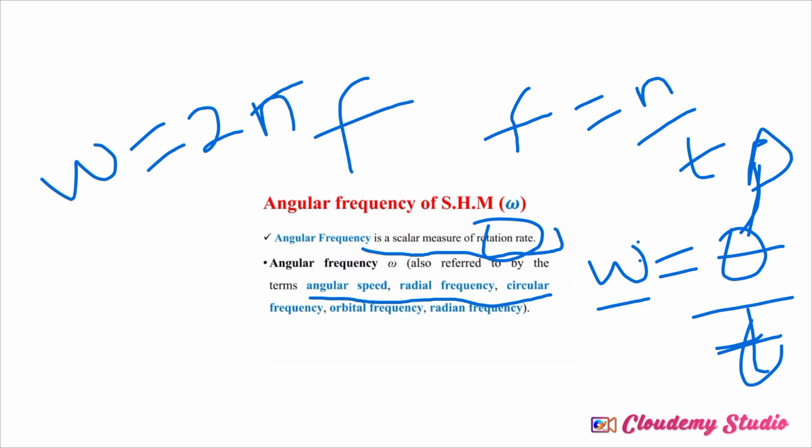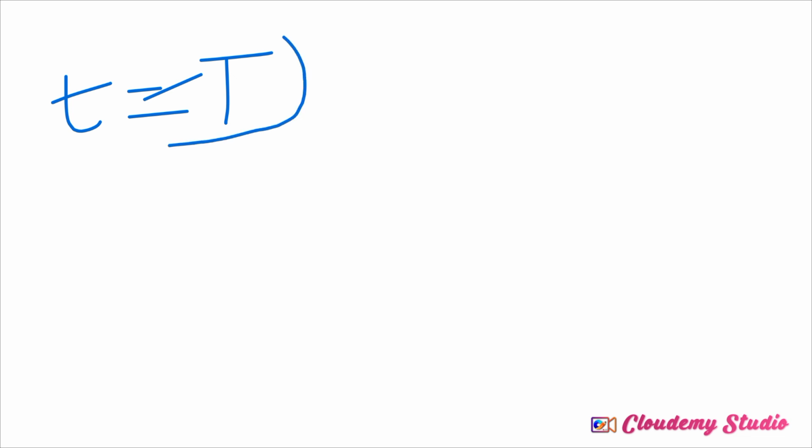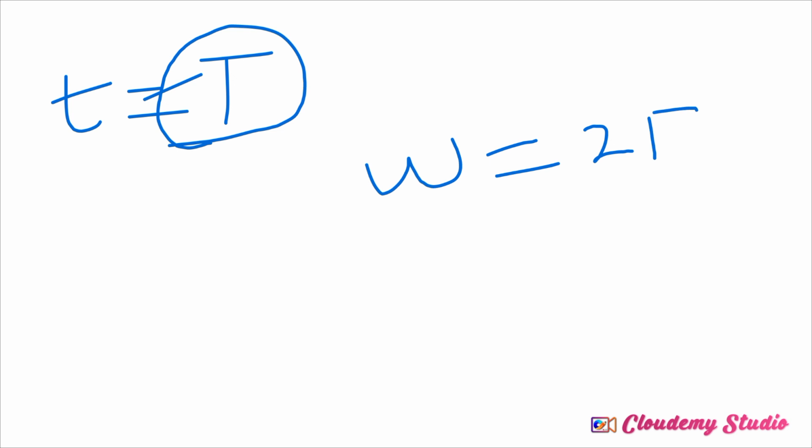Another thing we can take note of is when t is equal to the period, we are talking about a complete revolution. So we have omega equals 2 pi over t.